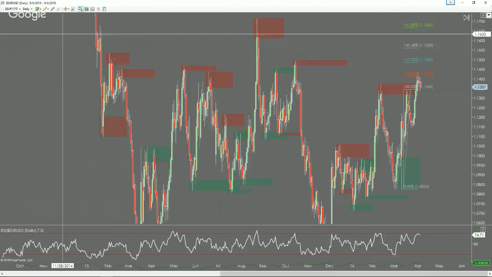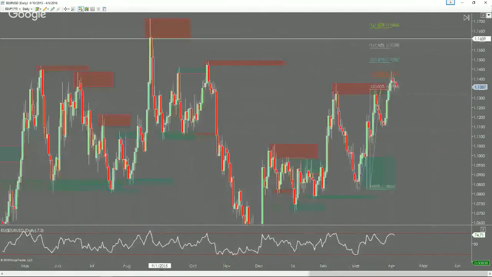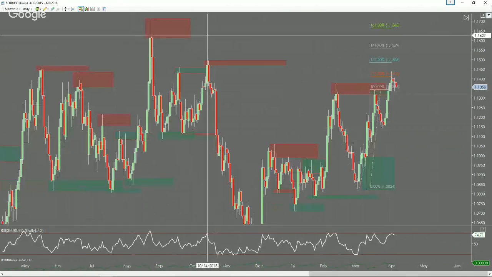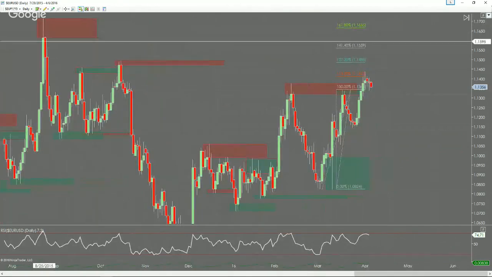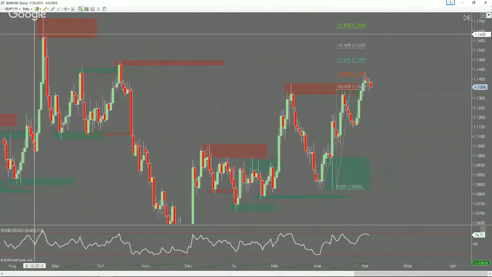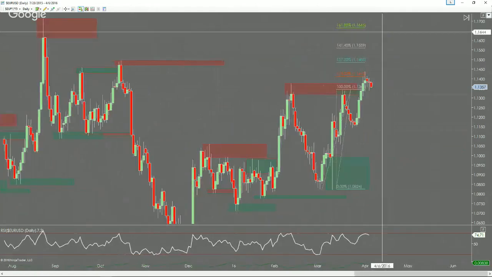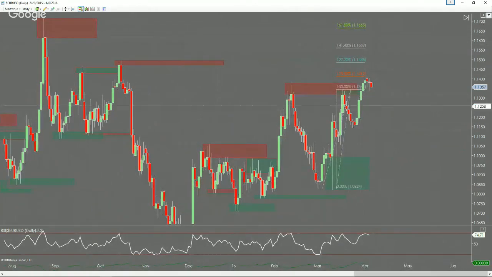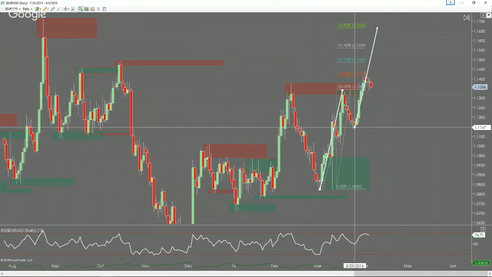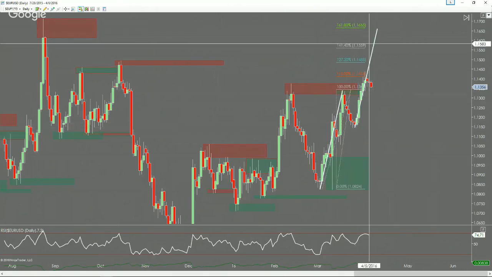This is a pretty minor structure. As you can see, we've only tested that one time, and it's pretty far. It's about August of 2015. But we do have that 1618 extension right there. We also might have an equal measure move to that level.